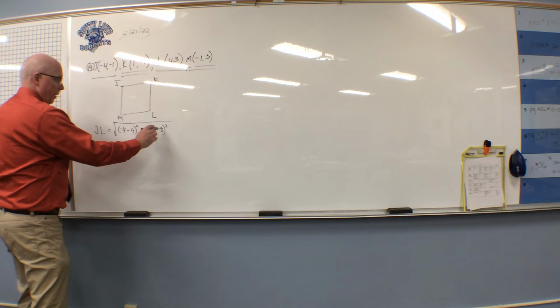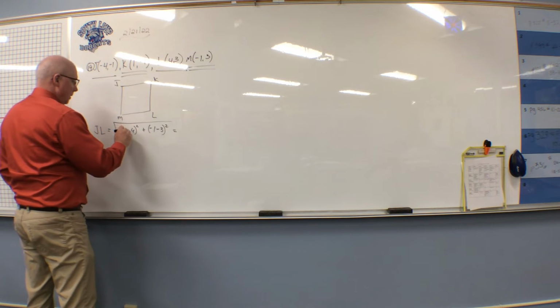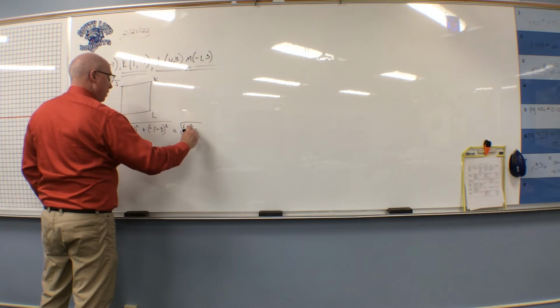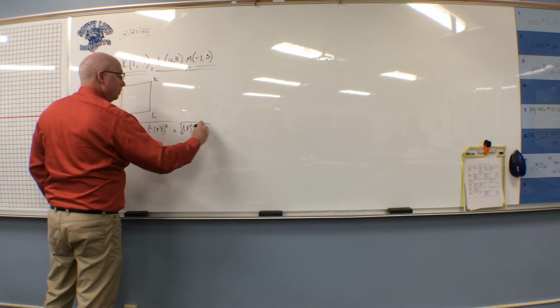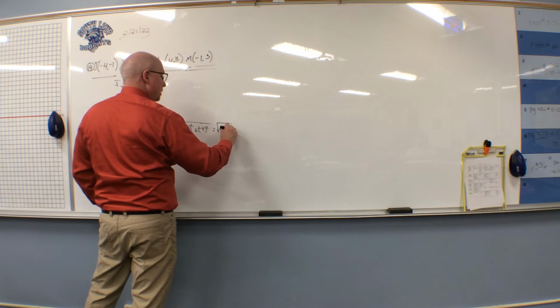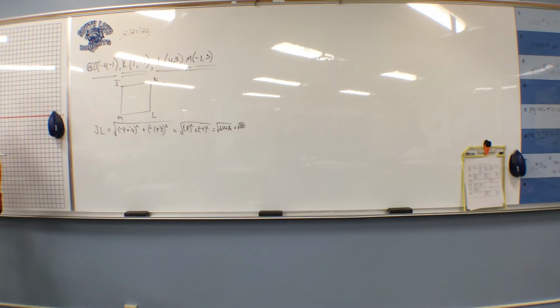And it's both squared, right? So this is plus a negative, so I have the square root of (-8) squared plus (-4) squared. And so I have the square root of 64 plus 16, which I believe is the square root of 80. Correct? Yep. Leave it like that.